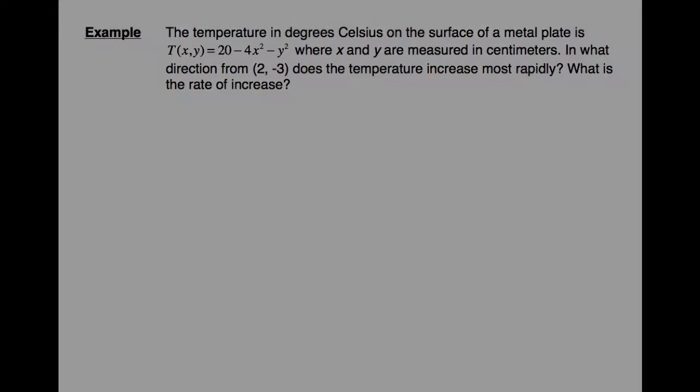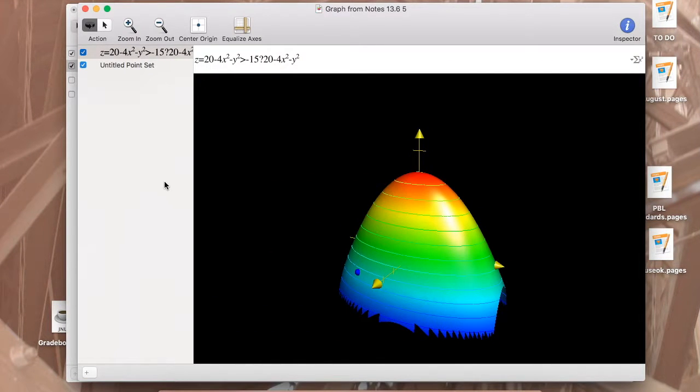So let me just leave this and look at the graph a little. This is the graph of the function T: T equals 20 minus 4x squared minus y squared. So it looks like a 3D graph, but in reality, in the context of the problem, we have a flat metal plate, and the third coordinate gives us the temperature of this flat metal plate.